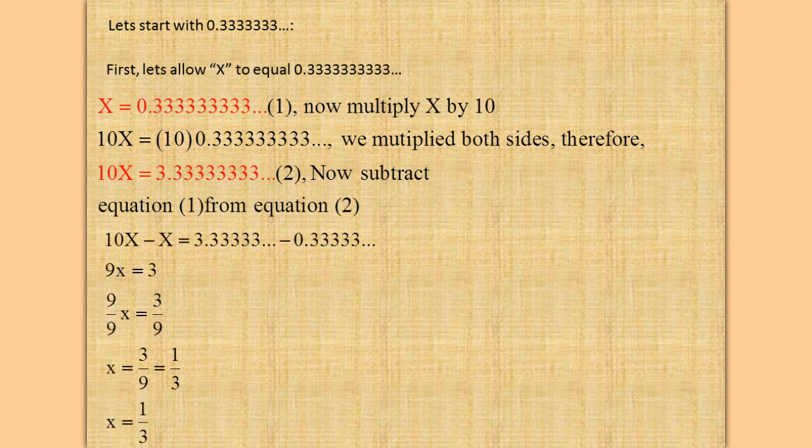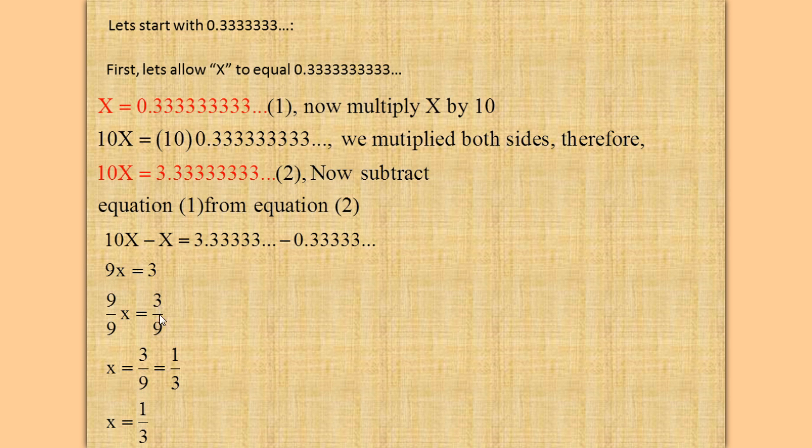Okay. So now we have 10x minus x equals 3.3333 minus 0.3333. Well, the repeating part goes away because we've subtracted it. So now we got 10x minus x equals 9x, and we got 3.333 minus 0.333.